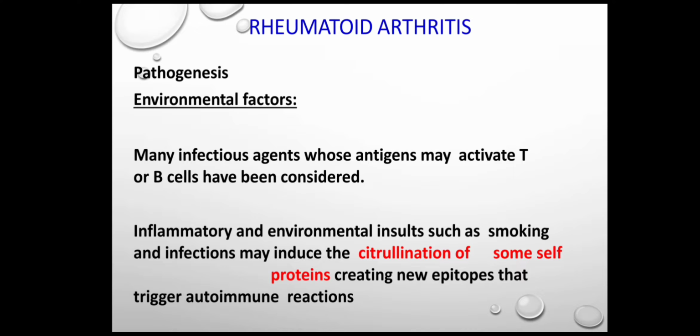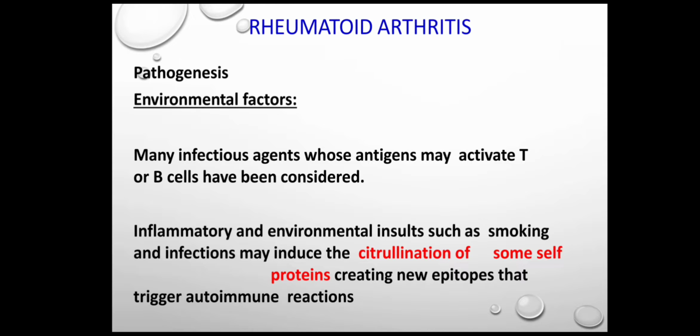What do you mean by citrullination? Citrullination means that in a protein, an arginine residue is converted into citrulline by a post-translational modification. This will lead to citrullination of either fibrinogen or collagen, and it will be deposited. So these will act as antigens. Antibodies are directed against these citrullinated peptides, and if these antibodies join with the antigens in the joint cavity, they form antigen antibody complexes.